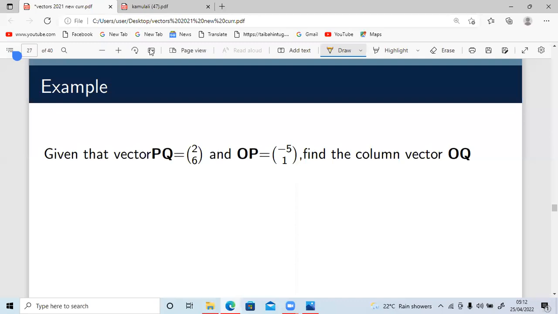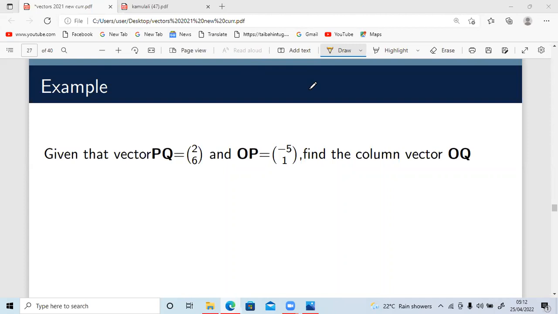Okay, good. Can we also try this? Can we also work out this? So here, definition is key. Knowing the definition of a displacement vector.